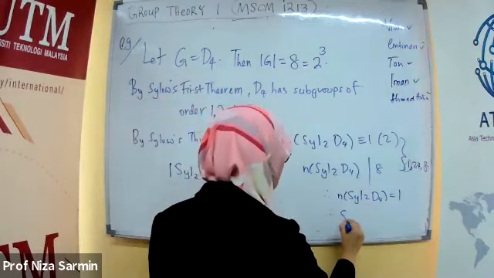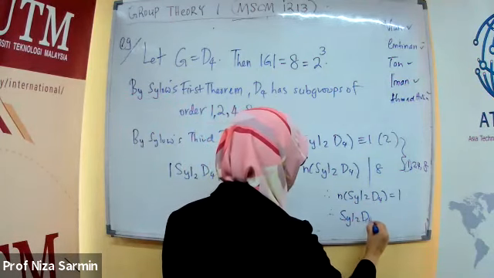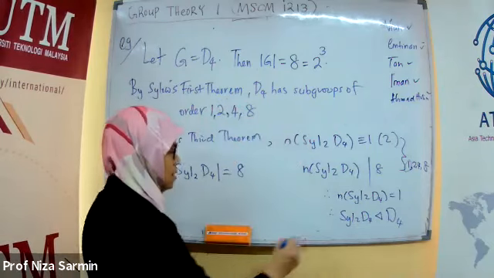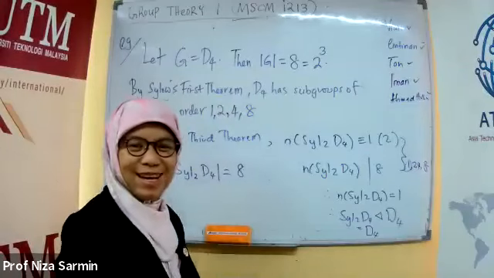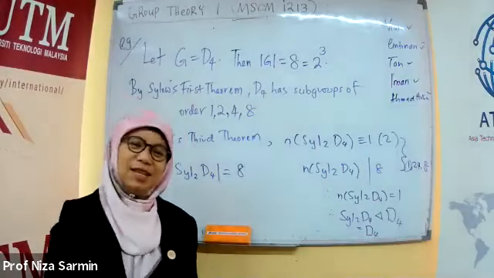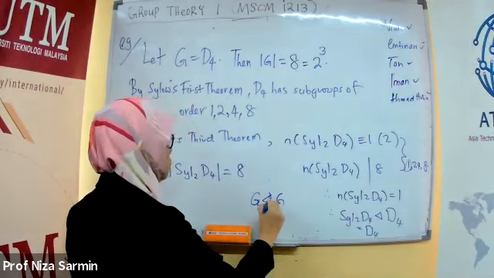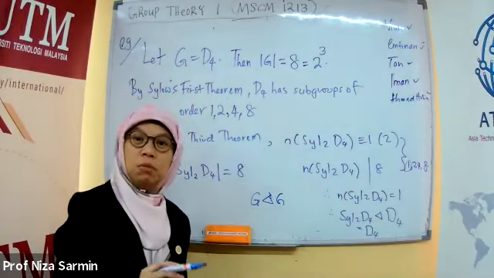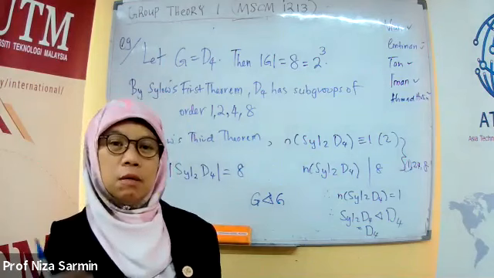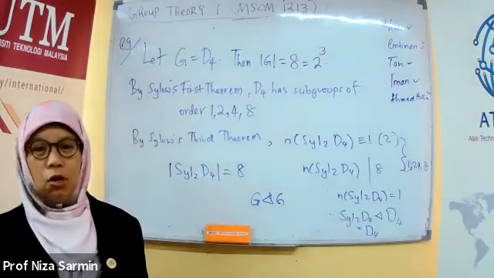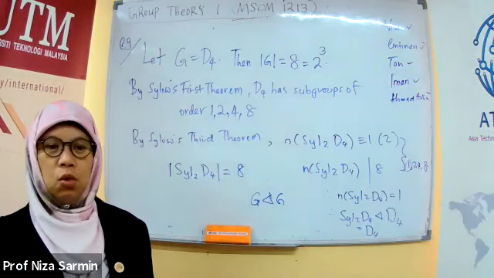So the Sylow 2 subgroup of D4 is normal in D4, but this is actually D4. D4 is normal in D4 is true for all groups, right? So people normally don't talk about finding this for a P group because the Sylow P subgroup of a P group is the whole group.